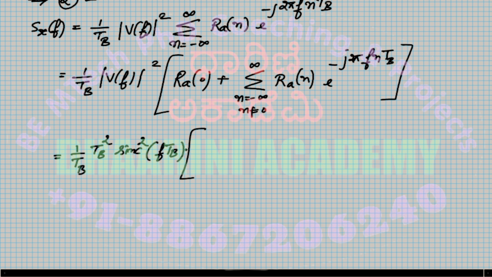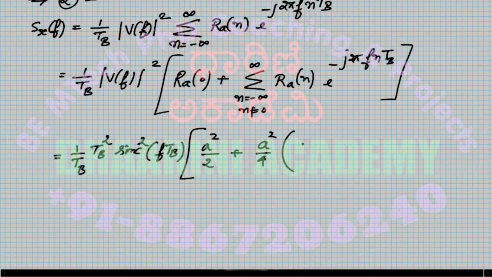Okay, then substitute. What is Ra of 0? Do you remember? A square by 2, right? Plus Ra of n is a constant. That has nothing to do with the summation. So let me take it out directly. I'll write the Ra of n, which is a constant, that is a square by 4. I can write it outside. Then let me write that summation.